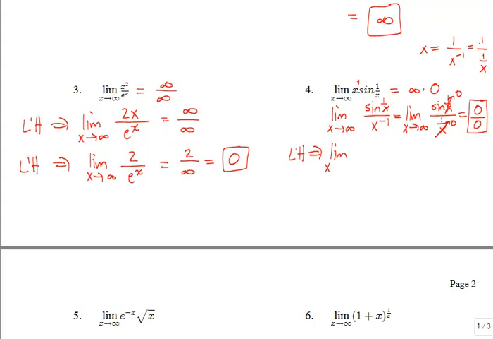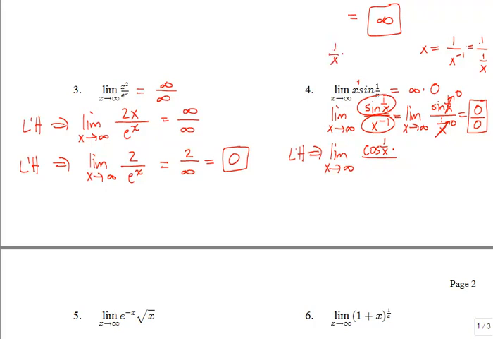So what we're going to do is take the derivative of this numerator and this denominator. Let's start with the top. This is sine of stuff, so to take the derivative of that we need the chain rule. The derivative of sine is cosine, so this is cosine of 1 over x times the derivative of 1 over x.